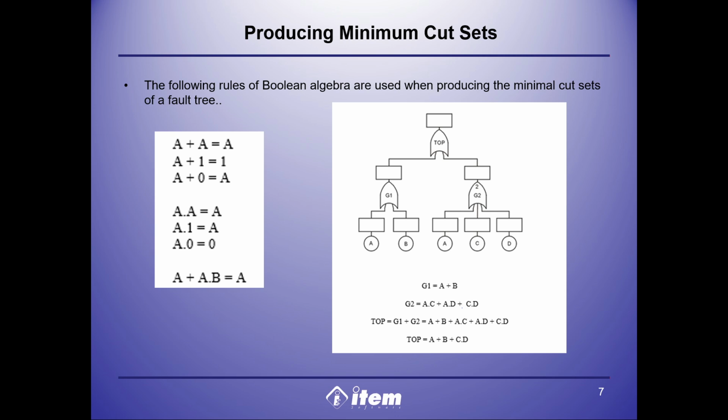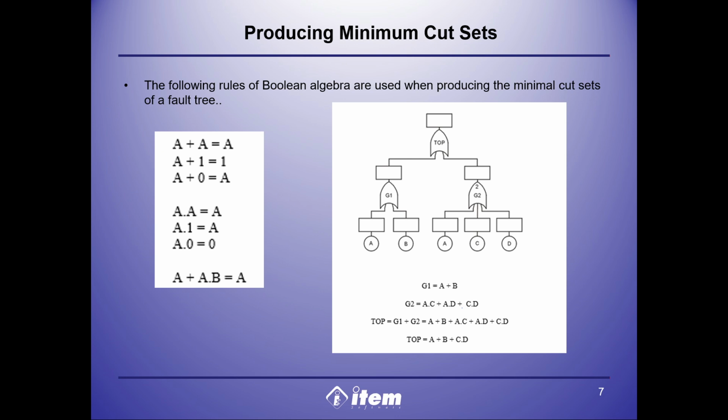When we substitute our intermediate equations into the top level, we get a long, unsimplified raw equation. Top equals A plus B plus A times C plus A times D plus C times D. This is where the absorption law comes in. If we look closely at this long equation, we see the single event A, which came from G1, sitting alongside the larger combinations A times C and A times D, which came from G2.